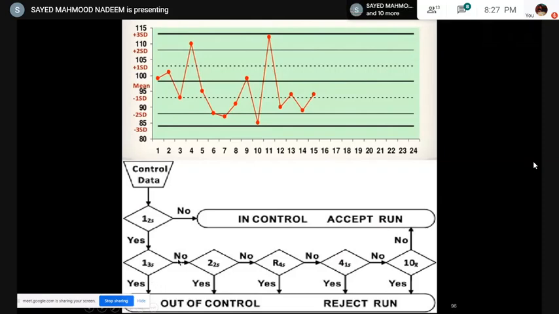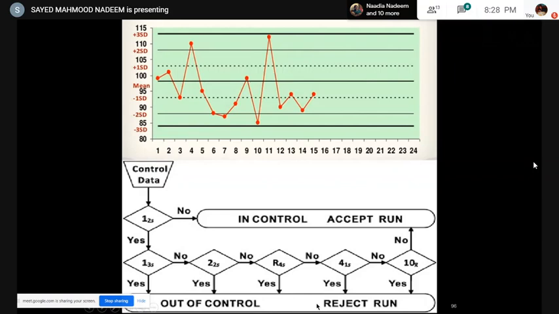If you don't get 1-3S, and you get 2-2S, so 1-2S plus 2-2S, it's out of control. If you get 1-2S along with R4S, again it is out of control. If you get 1-2S along with 4-1S, it is a rejection rule. So we can follow this algorithm, read the Westgard rules on the LJ chart, and try to analyze whether our control is in control or out of control, whether we accept the run or we reject the run.